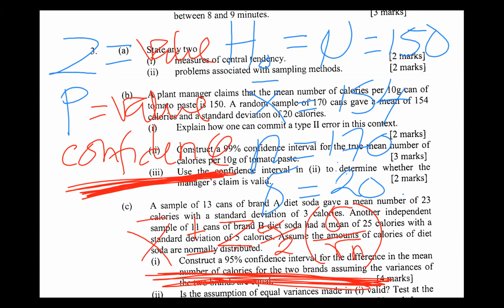So for you to test whether this statement is valid or not, there are different methods that we use. Number one, we have the z-value method, or the z-score, which follows the normal distribution.